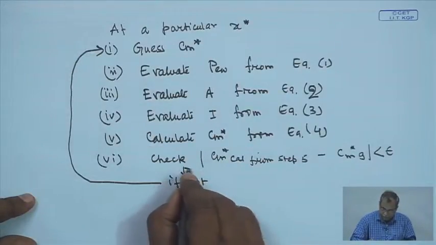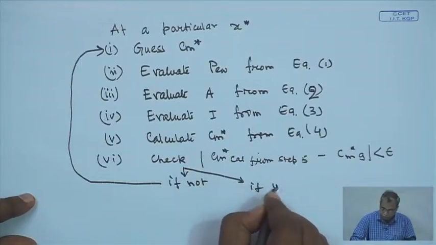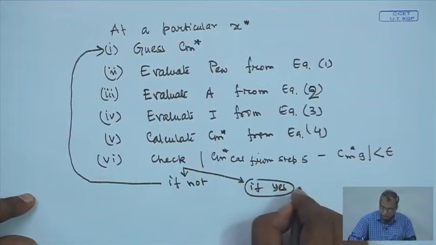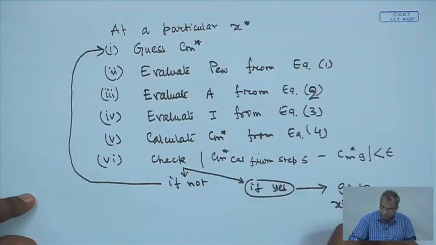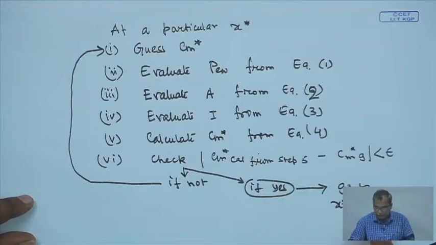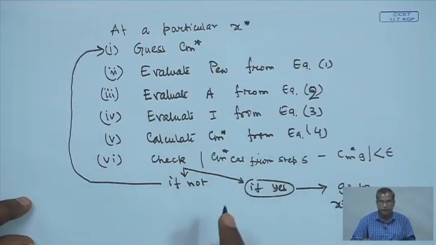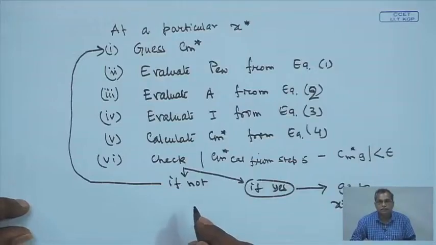If yes, then we have to again go to x star plus delta x star, the next x location, and redo these calculations iteratively.